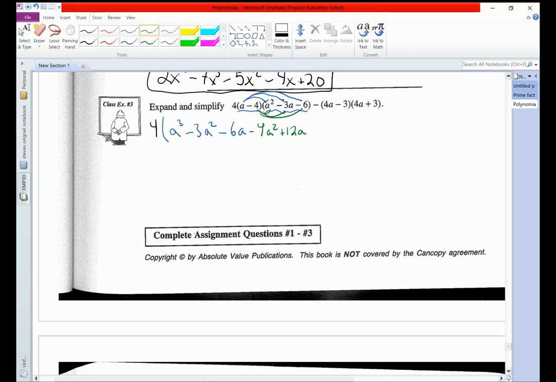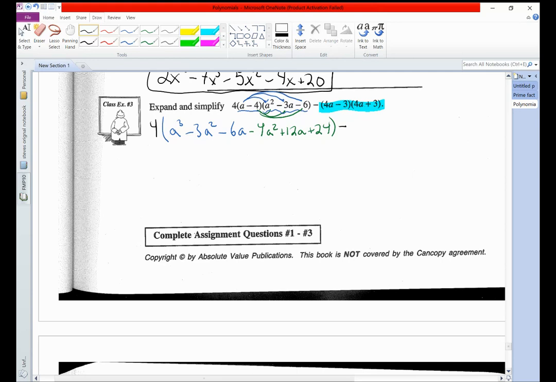And negative 4 multiplied by negative 6 is positive 24. And then I close my bracket. Now I'm going to deal with these two binomials multiplied by each other. So I'm going to put my subtraction sign, subtract, and then I'm going to FOIL those two.